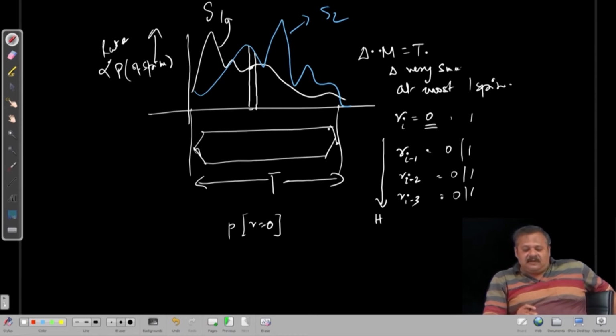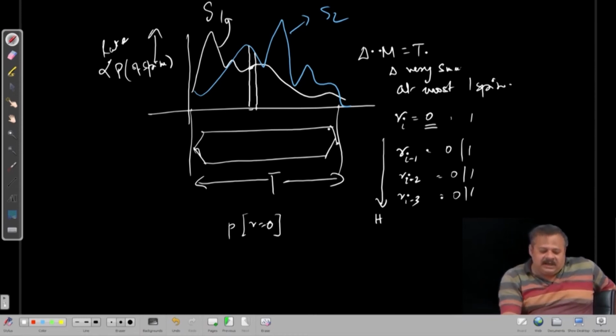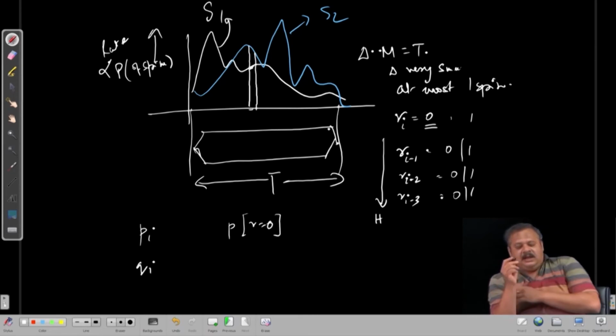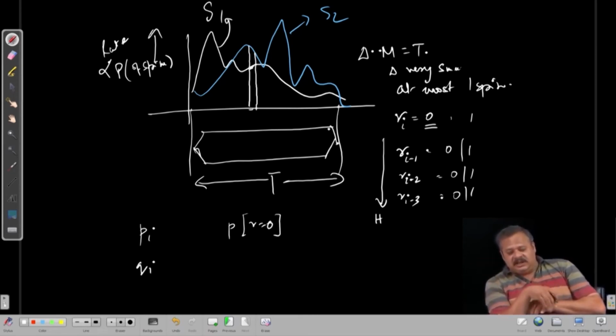That is, instead of just the P_i and Q_i, we will now have conditional distributions P_i given the past few bins, past capital H bins, in this case let us say 3 bins.